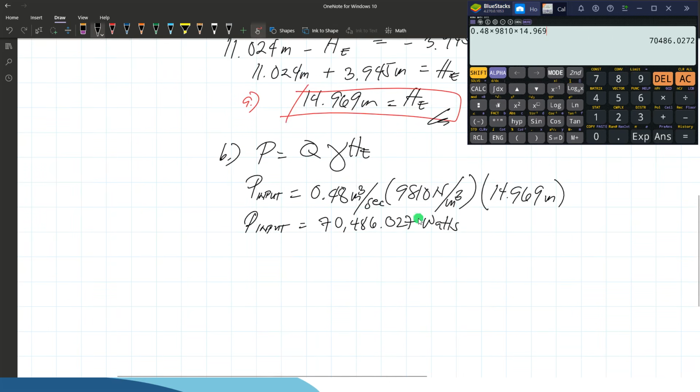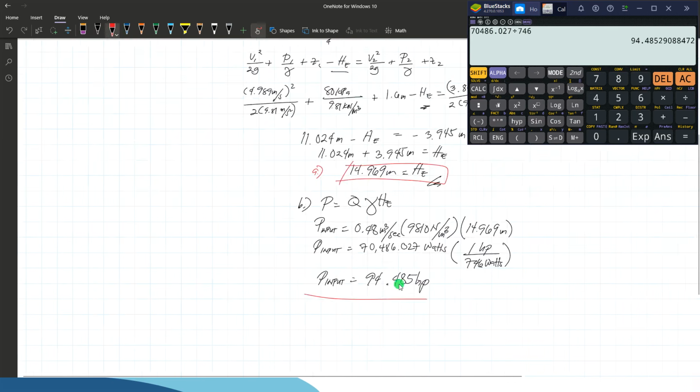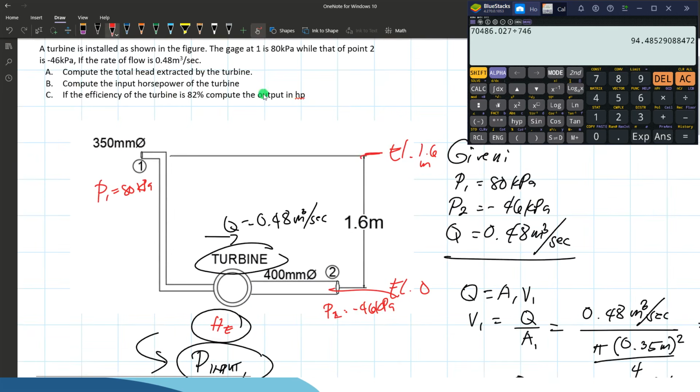To convert it to horsepower, we have 1 horsepower is 746 watts. So the power input is 94.485 horsepower.